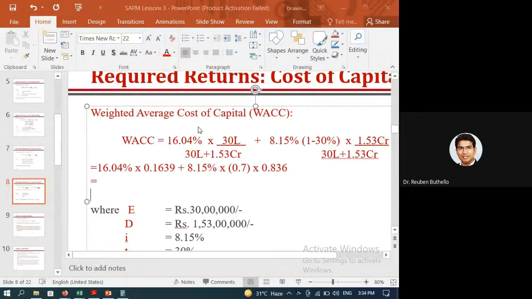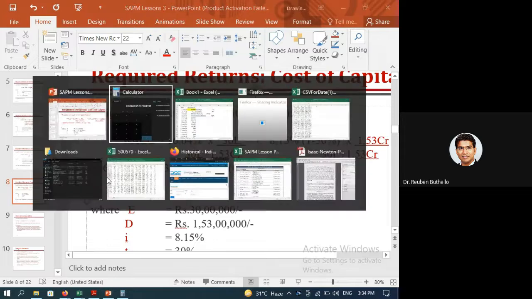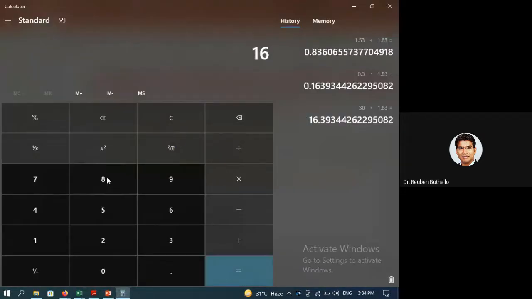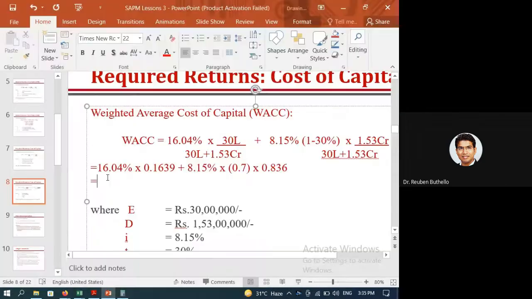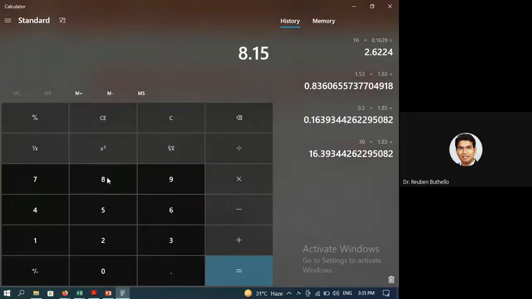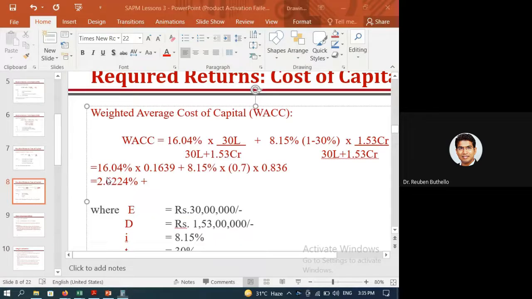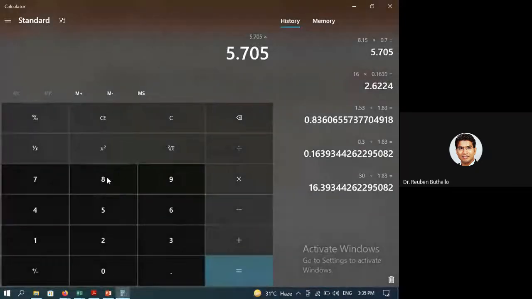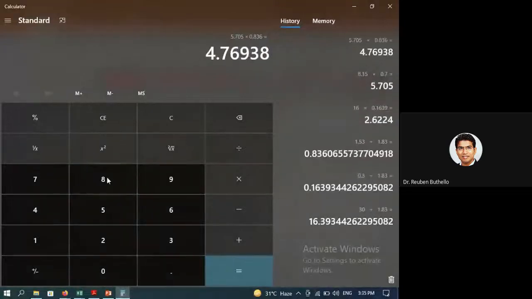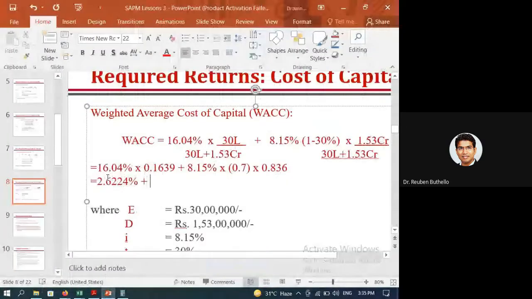So how much is this? 16% into 0.1639 is how much? That is 2.6224. So 2.6224% plus 8.15 into 0.7 into 0.836, which is 4.769%.